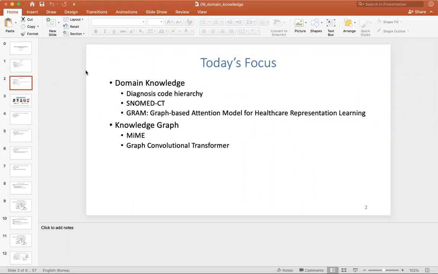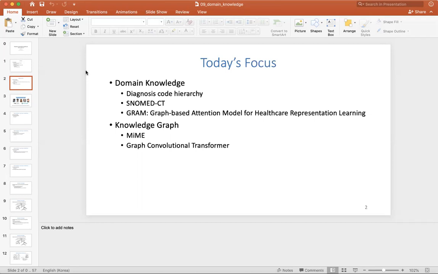So domain knowledge, in these medical terms, would refer to anything that is curated by medical experts. So examples could be diagnosis code hierarchy, SNOMED CT, we'll talk about that in a brief moment.